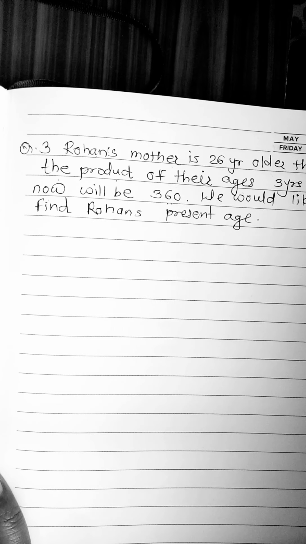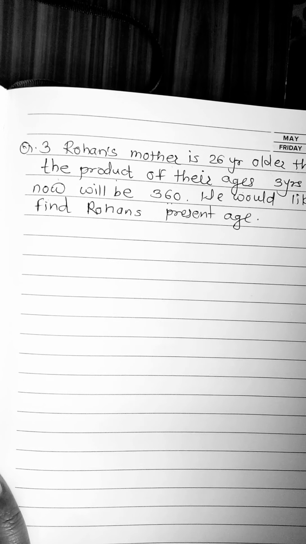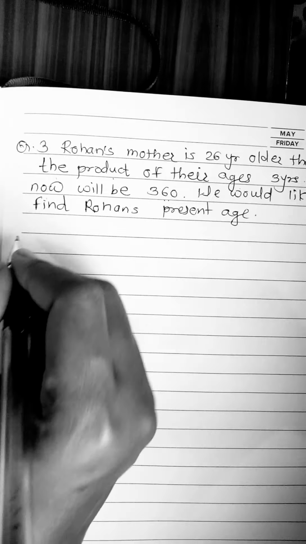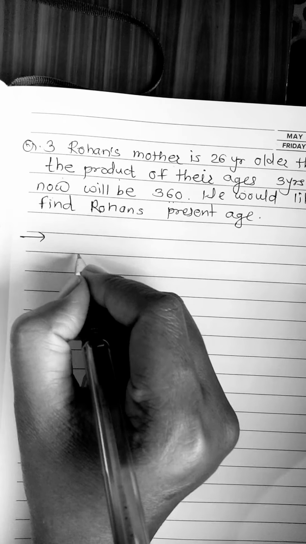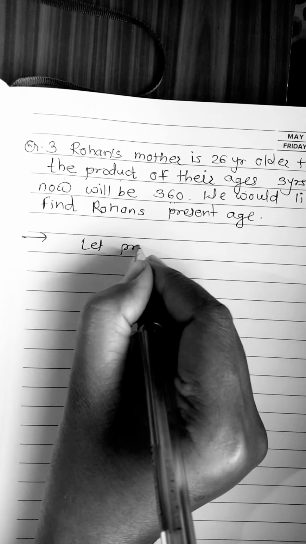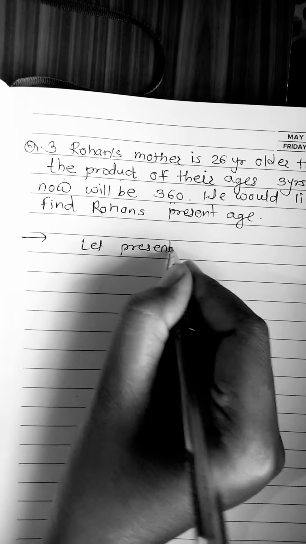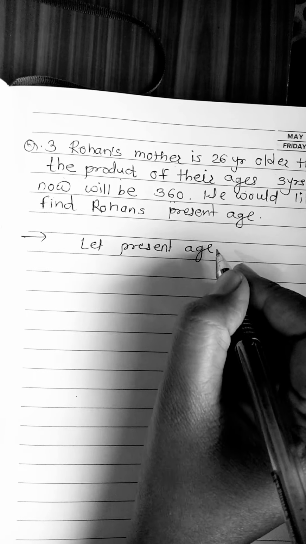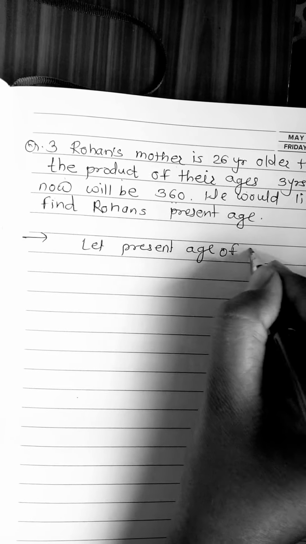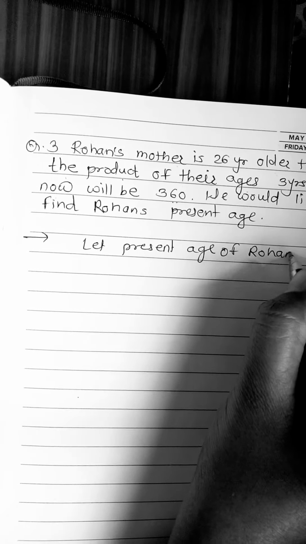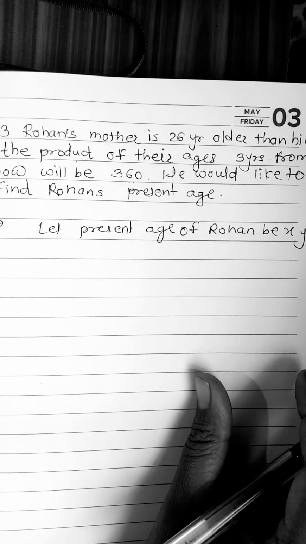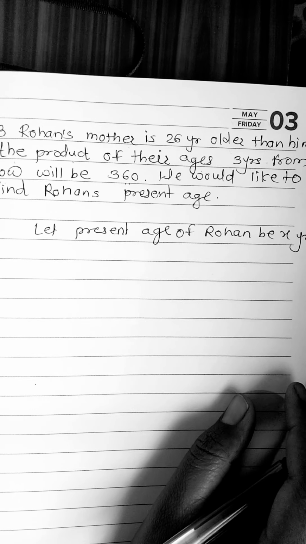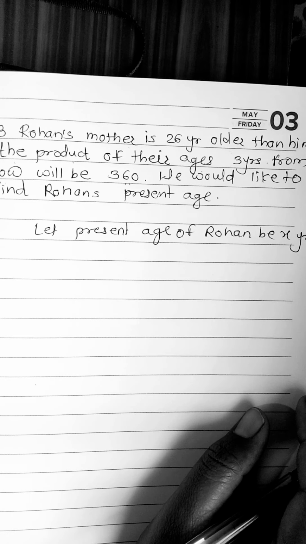Here let us consider the present age of Rohan to be x. So we write here, let the present age of Rohan be x years.